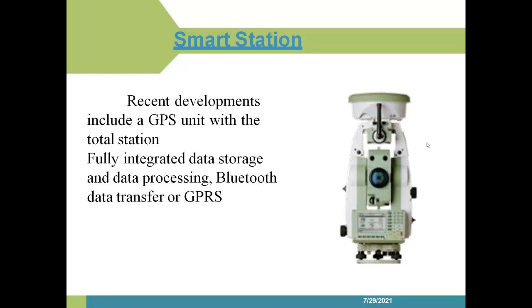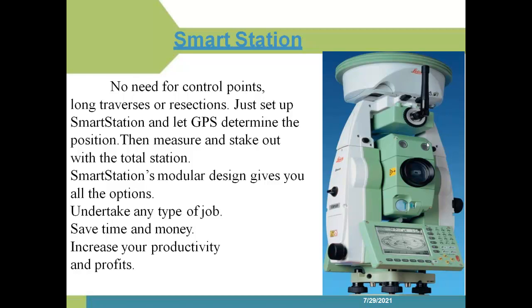Then we can get horizontal distance measurement, horizontal angle measurement, vertical distance measurement, vertical angle measurement, and area and level calculation. Everything is possible. At the same time it will improve the productivity.